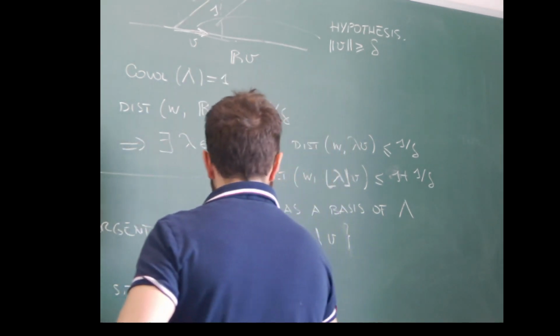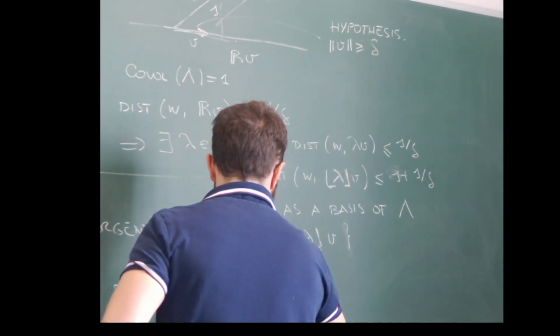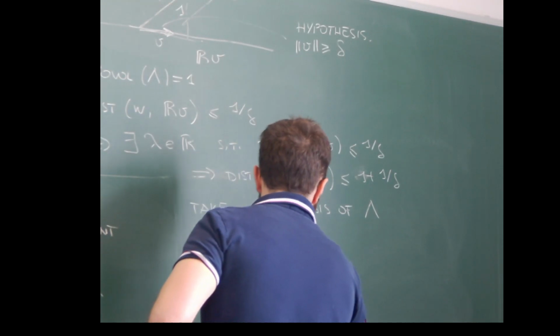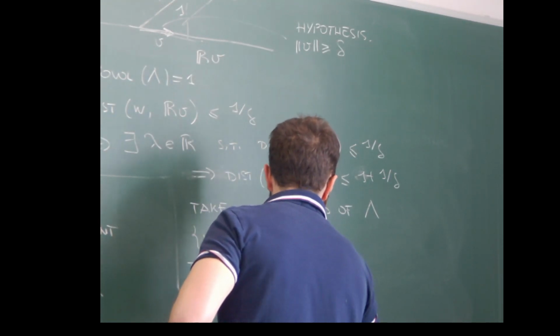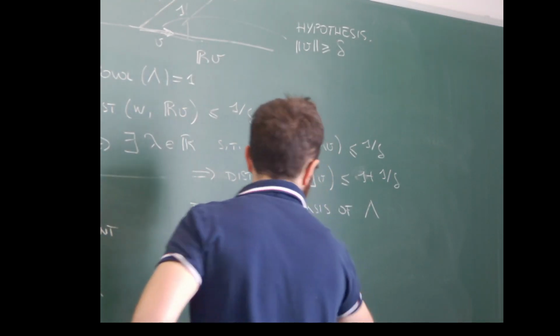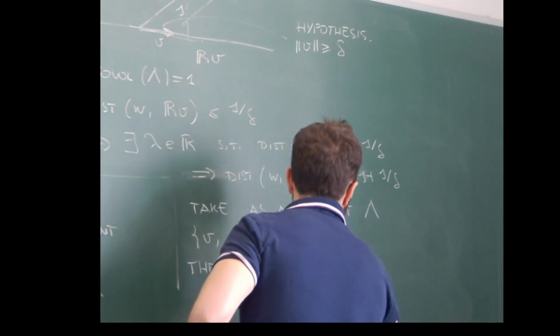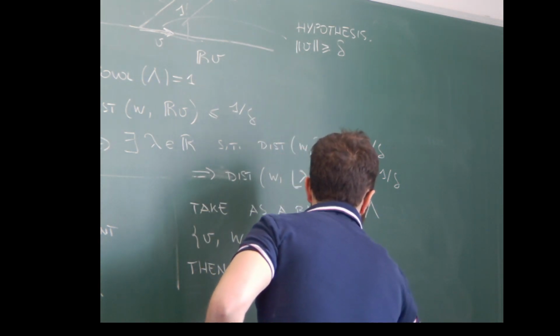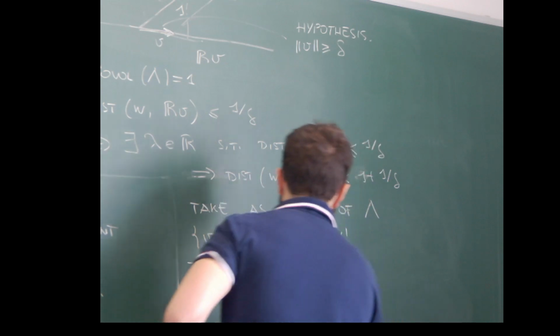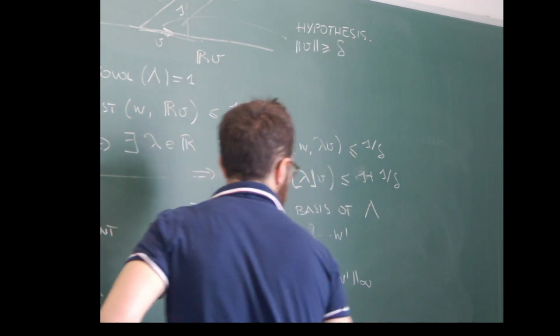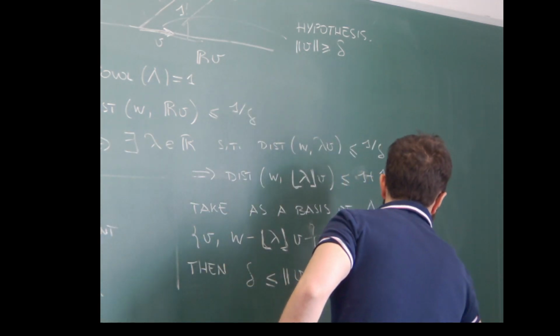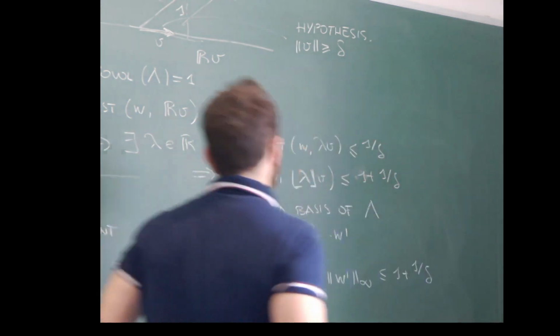Then what do you have? The infinity norm of, let's call this W prime, you have that the infinity norm of V and W prime is between delta and 1 plus 1 over delta.